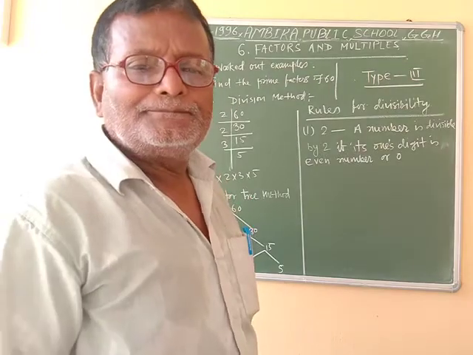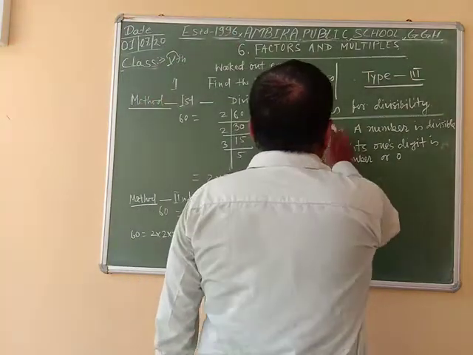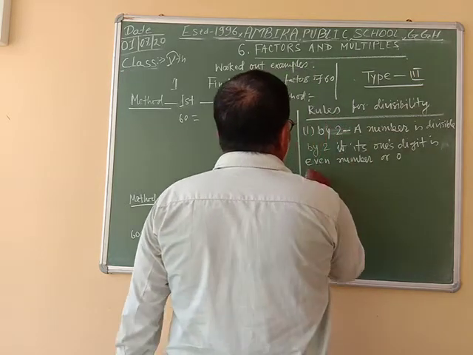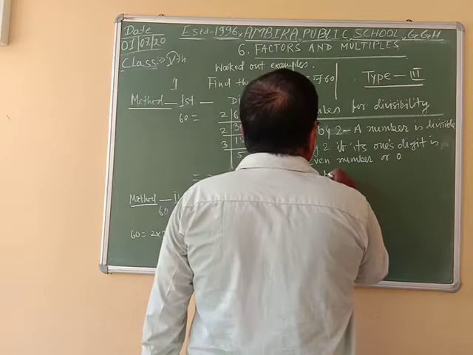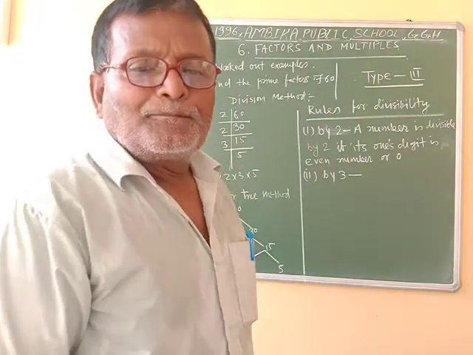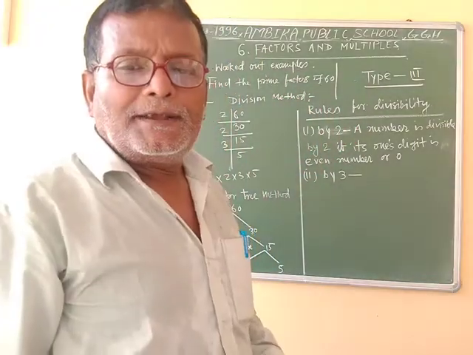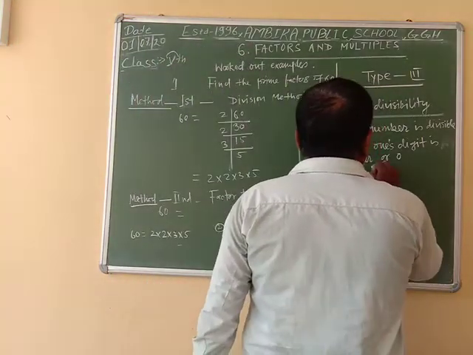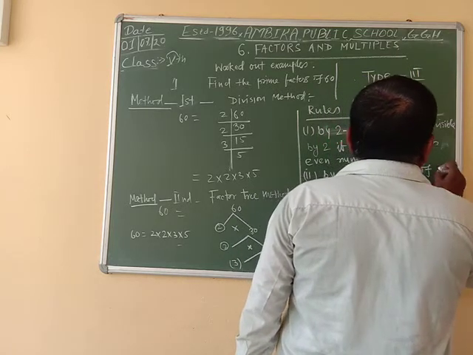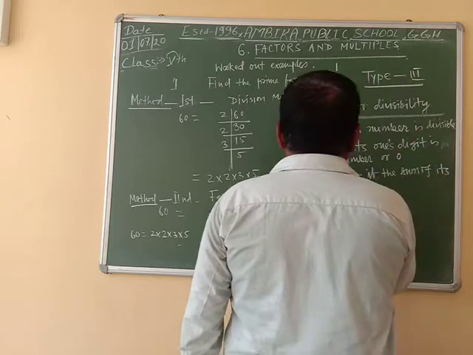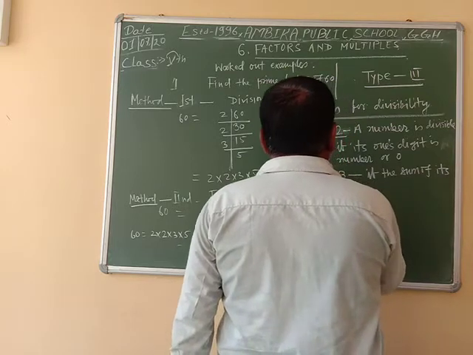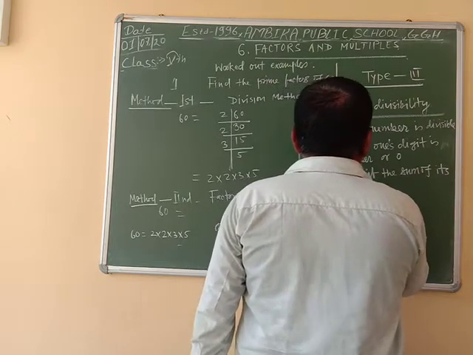Divisibility by 3. A number is divisible by 3 if the sum of its digits is divisible by 3.